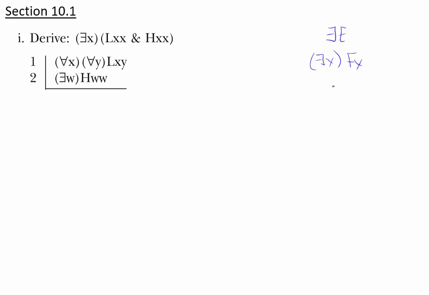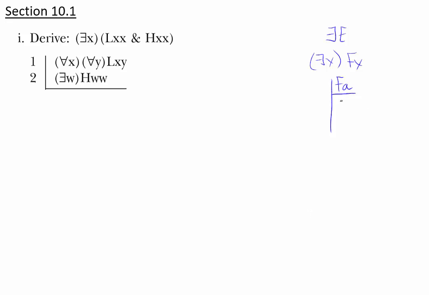And what we do is we assume that there is an individual, whatever the individual is, that corresponds to that x. So there exists an x, f of x, and we're going to call it a. So we assume Fa.